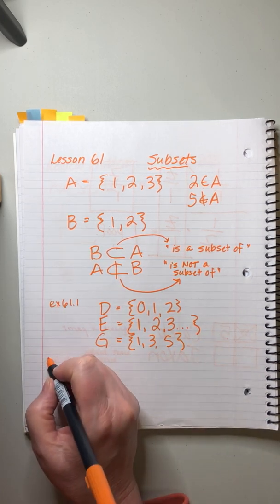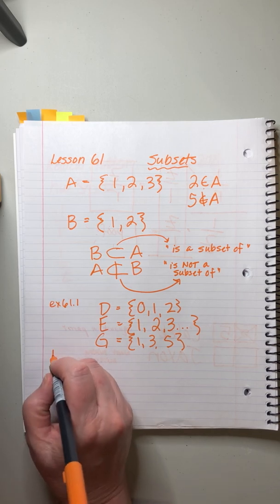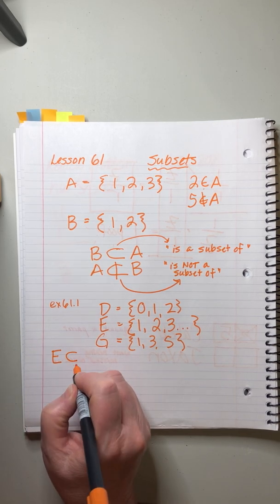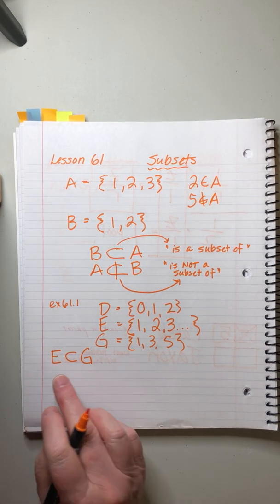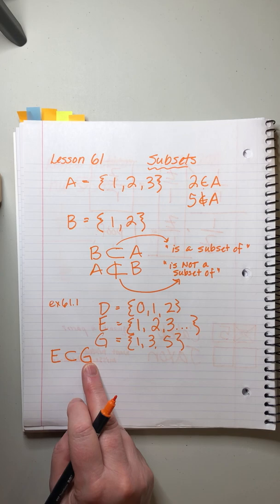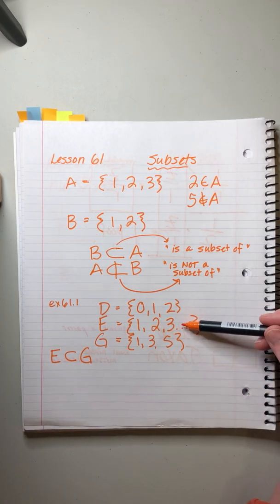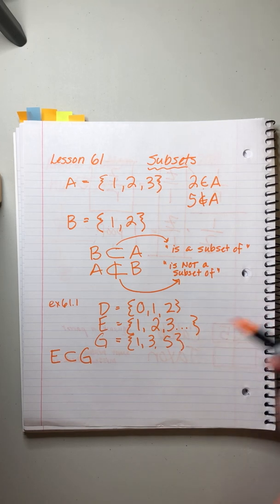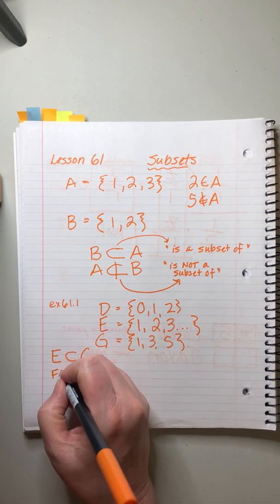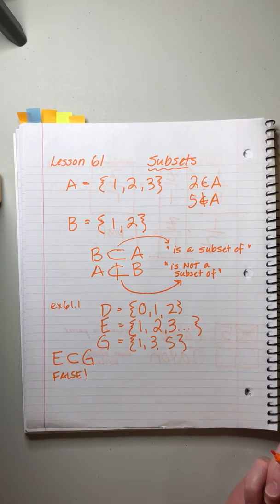Okay, so here are the 3 questions. Or they're assertions, right? E, sideways U, G. Remember, this means E is a subset of G. So let's see, is every element of E represented in here? I don't think so. This is false. And why, do you ask?